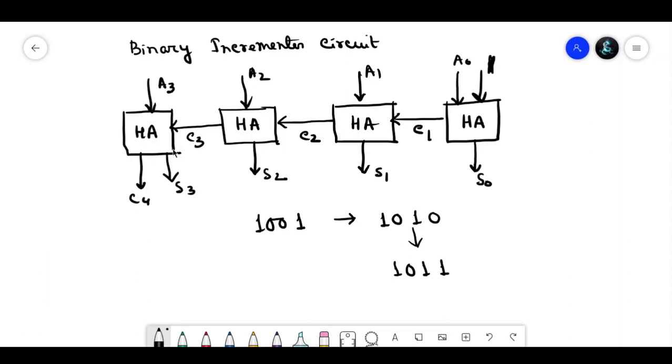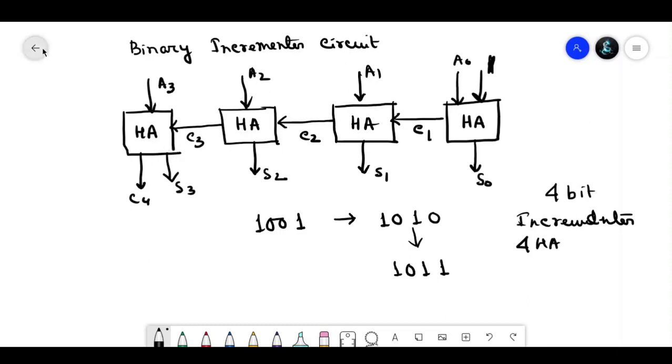So half adders are enough. For an n-bit incrementer circuit, we use n half adders. Here I have drawn a 4-bit incrementer where I have used 4 half adders. So this is all about the incrementer circuit with the help of half adders.